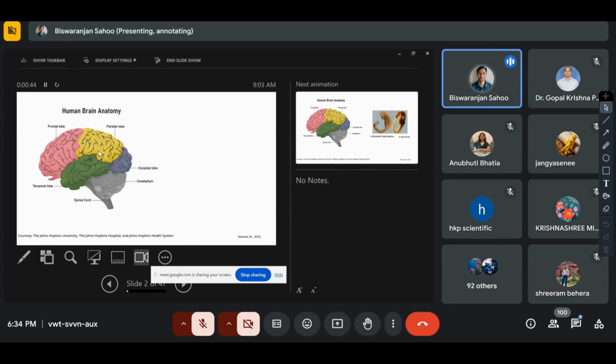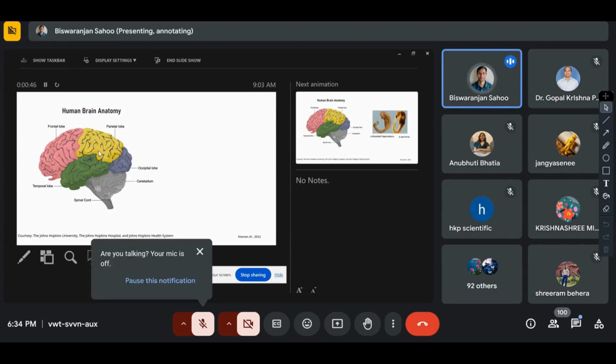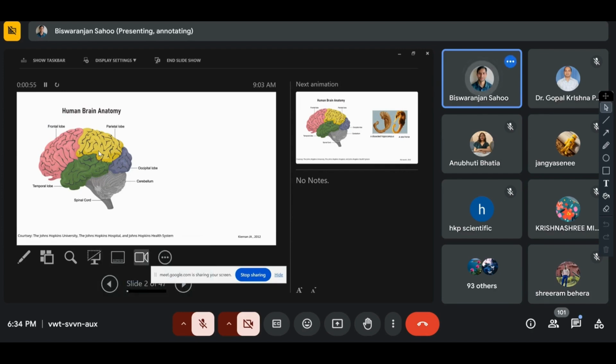The human brain is the most complex piece of matter in the whole universe, as far as we know. It is one of the most evolved structures, and it is what makes human beings the most intelligent and advanced creature on earth. The cerebral cortex is divided into different lobes.